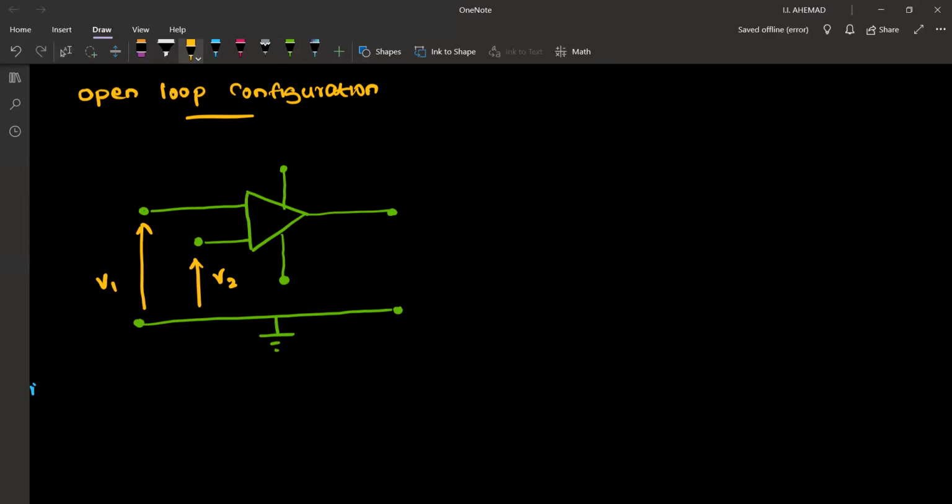Let's say this is my positive terminal and this is my negative terminal, and let this be plus VCC and this be minus VCC. We get the output right here, that is V out.